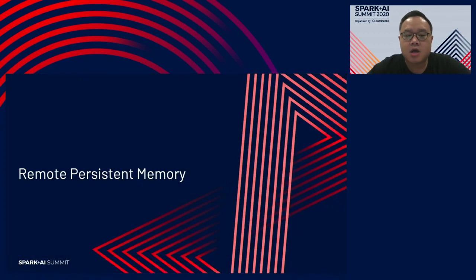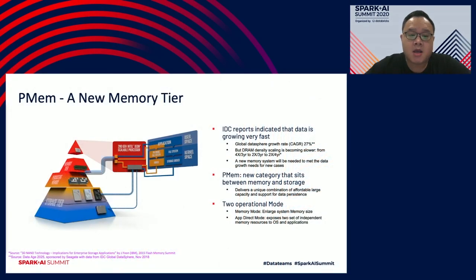So let's take a look at what remote persistent memory is. IDC reported that data is growing very fast. The global data sphere growth rate is 27% compound annual growth rate, so that means the data is growing very fast.